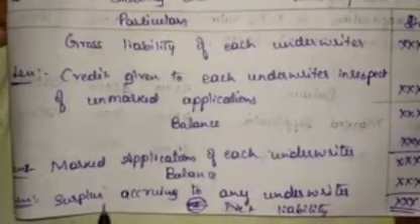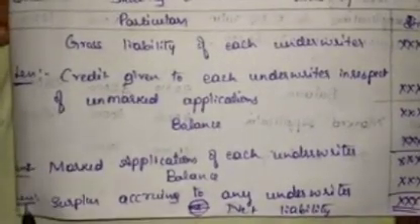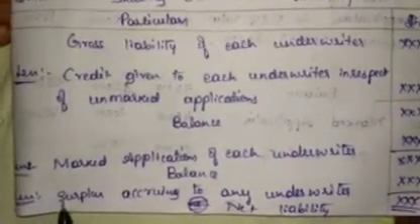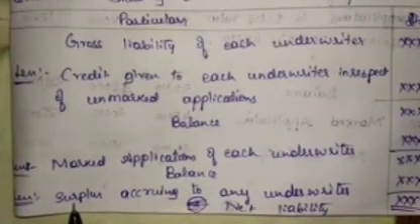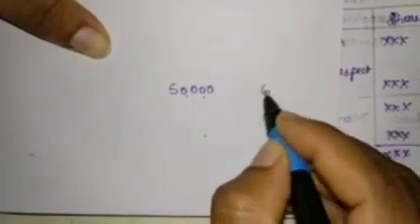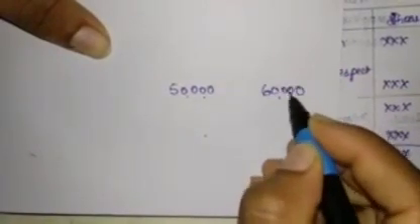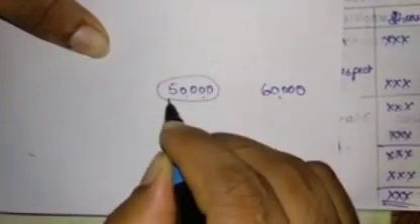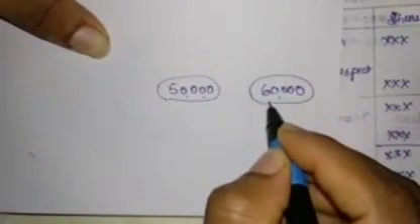If there is a surplus, we have to deduct that surplus. Surplus means, for example, one of the underwriters has given a guarantee to subscribe for 50,000 shares. But if 60,000 applications were received through him, that means through a single underwriter, 60,000 applications were received.